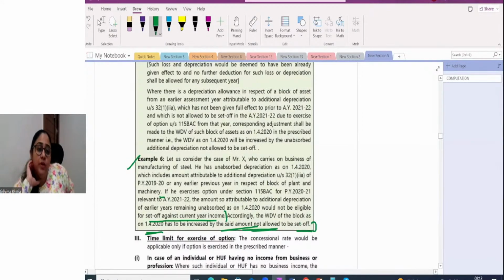Then in the year in which you are giving up your losses, that year's opening WDV will increase. In the year when you are giving up the losses, the opening WDV would be increased. So for 1st April 2020, the opening value will increase by 0.5 crore. You don't have to reverse any depreciation entry. See, your books of accounts are different. Your income tax act is different.